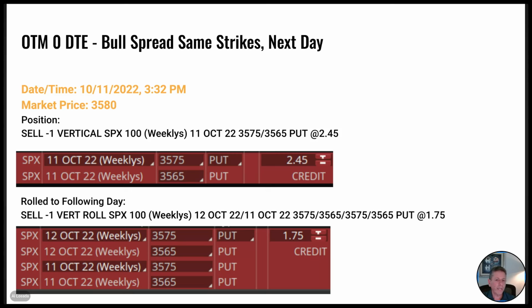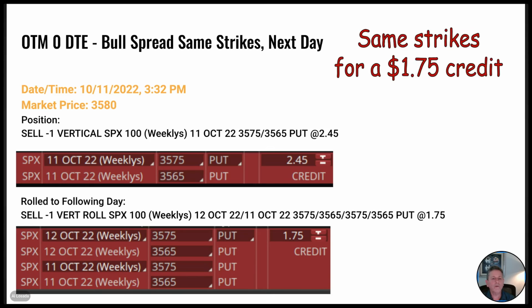We moved it 1 day, and we left the strikes at the same place. So here, same strikes for a $1.75 credit.